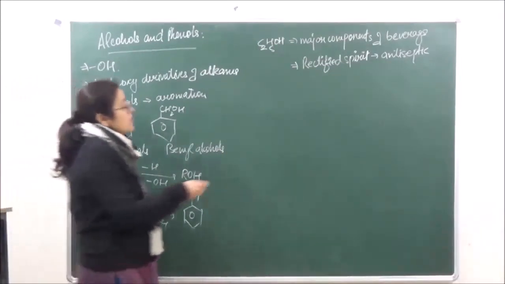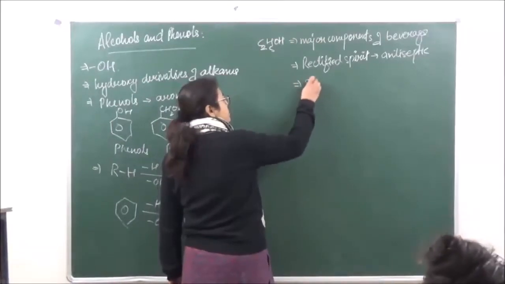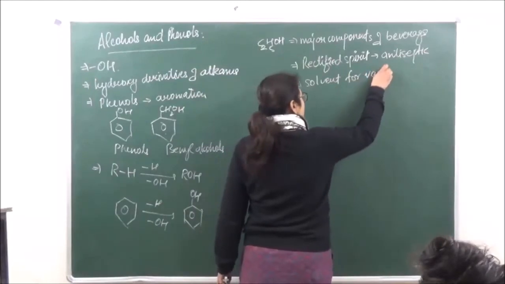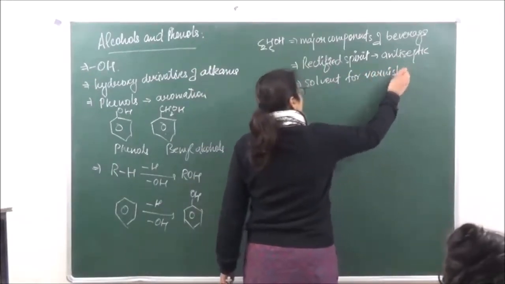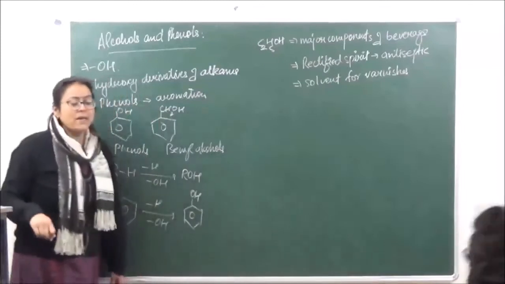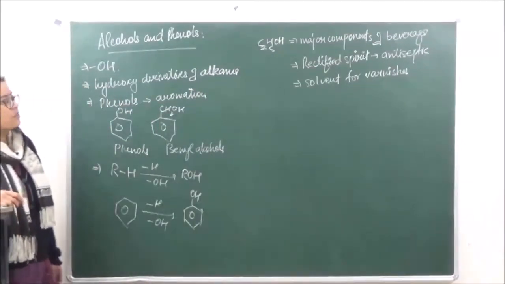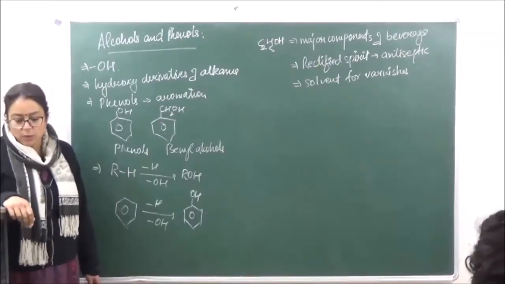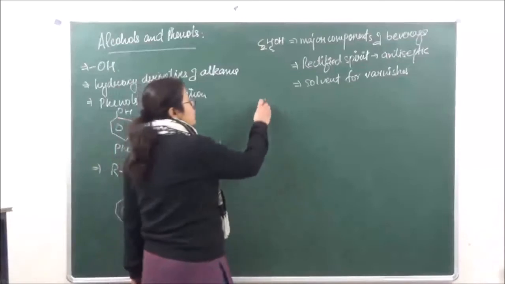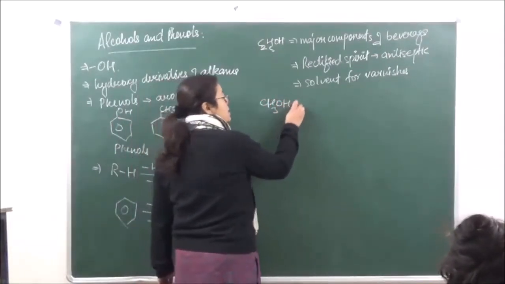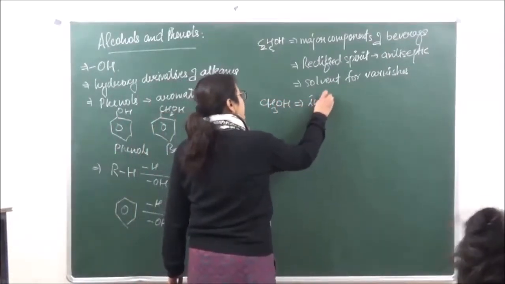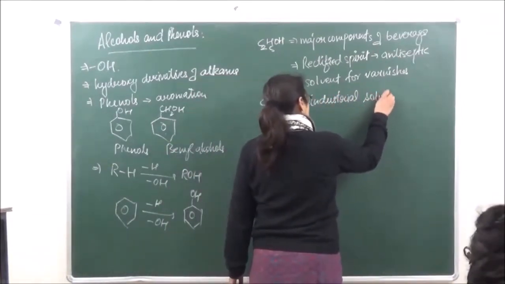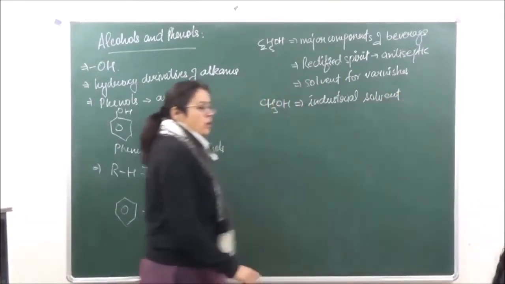Then it is also used as a solvent for varnishes or lacquers. Okay? Varnish is the shine which is given to all the wooden items, so to dissolve that also, it is used as a solvent. Then we are talking of CH3OH. This is used generally as an industrial solvent, okay?